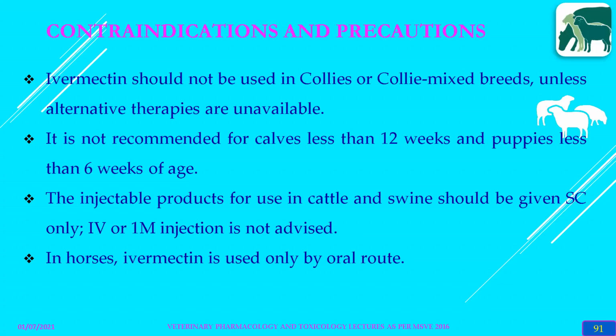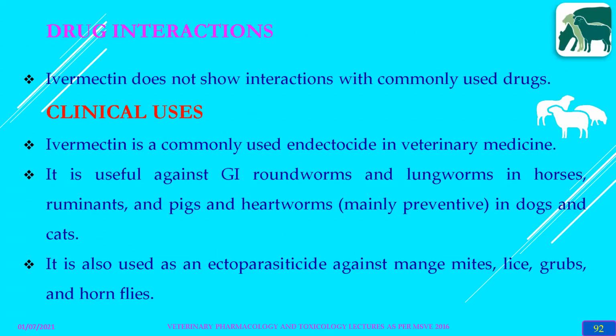So the ivermectin, as usual, is not showing any drug interactions with the commonly used drugs. This is one of the most commonly used endectocides in veterinary practice. Of course, it is also effective against the roundworms and the external parasites like the ticks and lice, and also the biting flies.